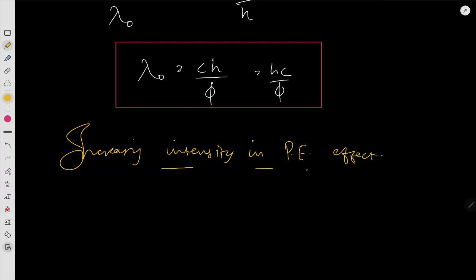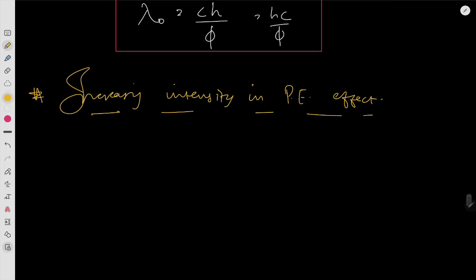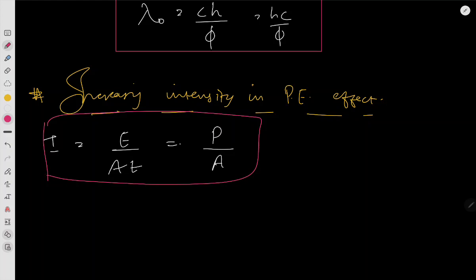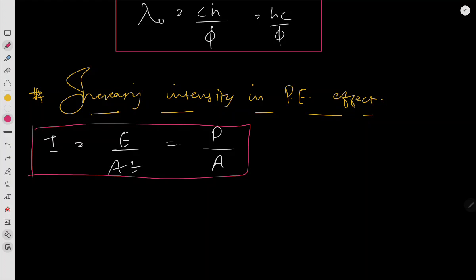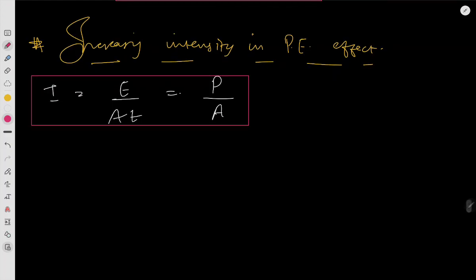Now P does not stand for potential energy over here. Please keep that as a note. So intensity I is energy per unit area per unit time, and energy per unit time can be written as power per unit area. This is something that you might need here and there, so this is something to be kept in mind.